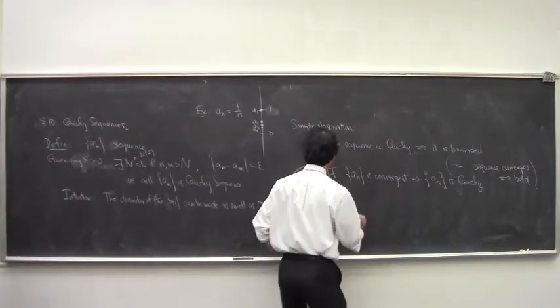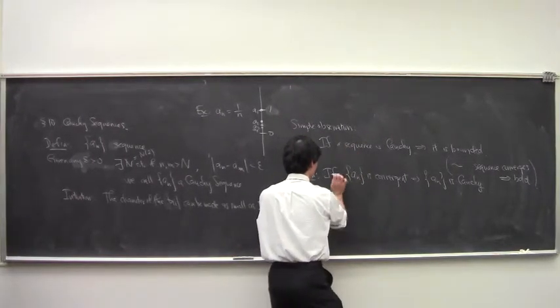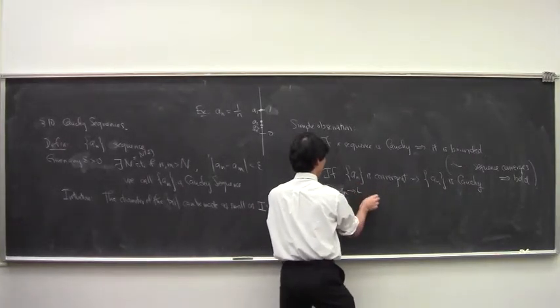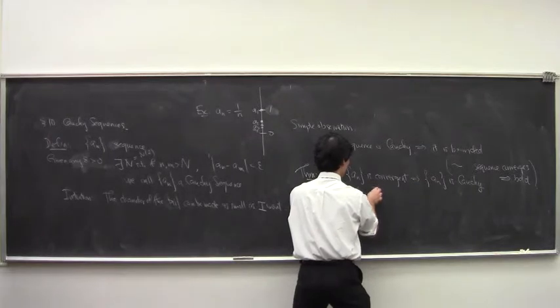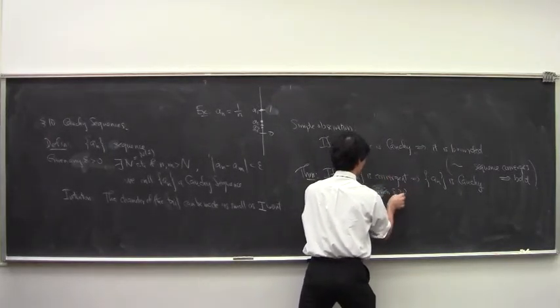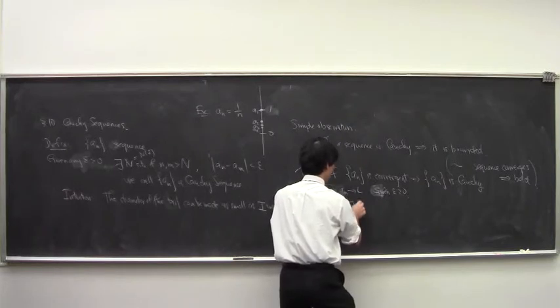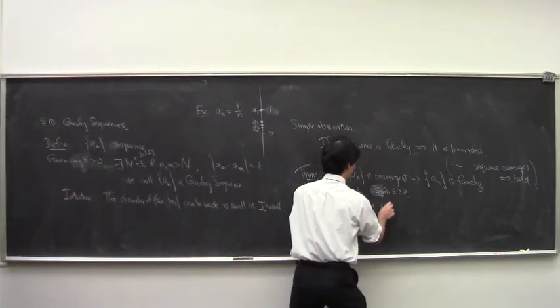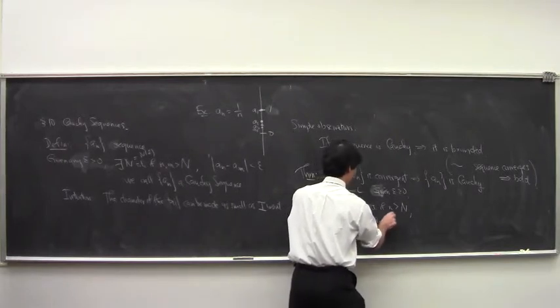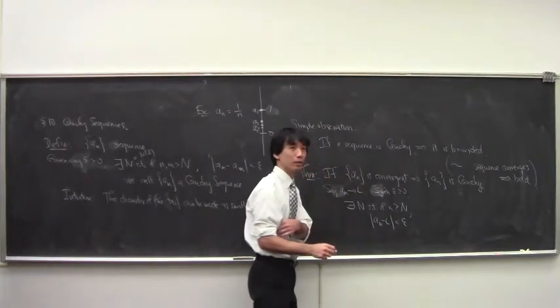So say a sub n converges to L. Convergent means that given an epsilon, there exists a time such that if you pass that time, the distance of a_n from L is smaller than epsilon.